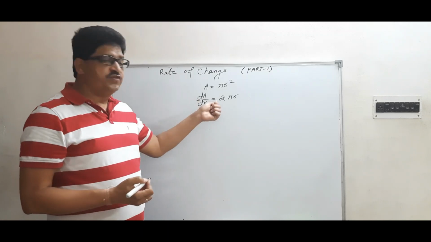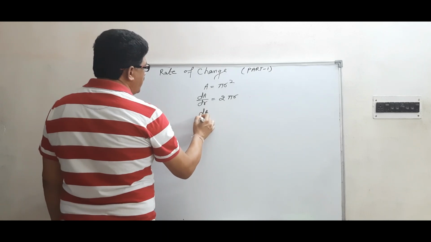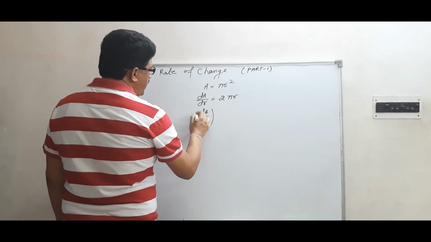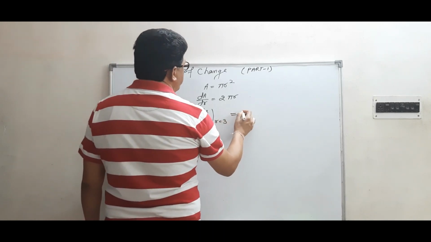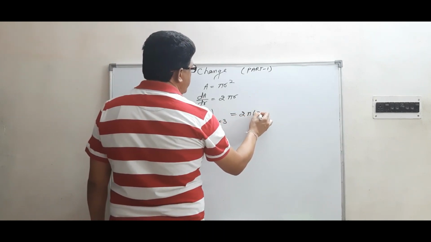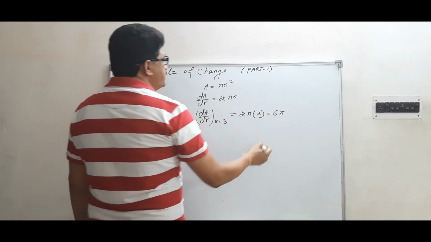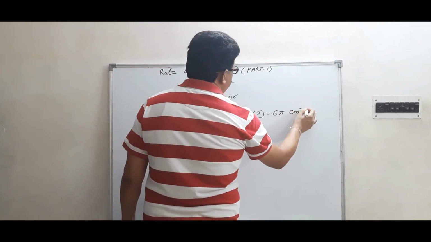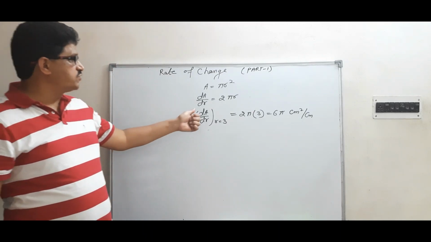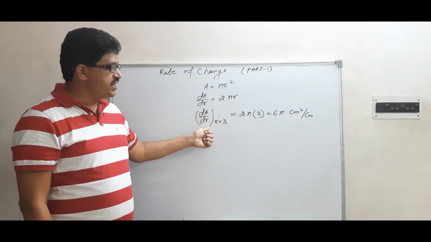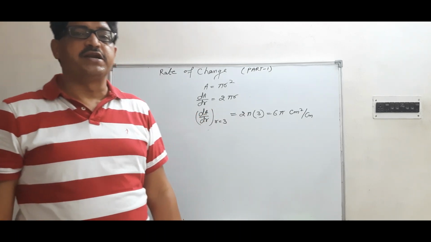Change in area with respect to radius, and we have to find out dA upon dr at r is equals to 3. So 2 pi into 3, we can say 6 pi centimeter square per centimeter. The unit of area is centimeter square. Unit of radius is centimeter. So we will write 6 pi centimeter square per centimeter.